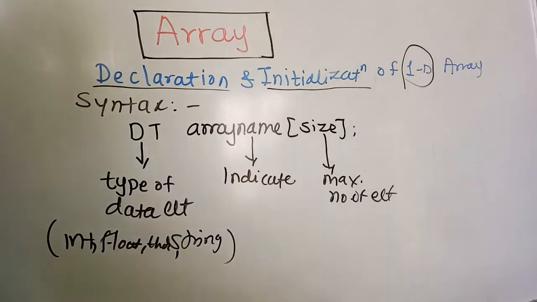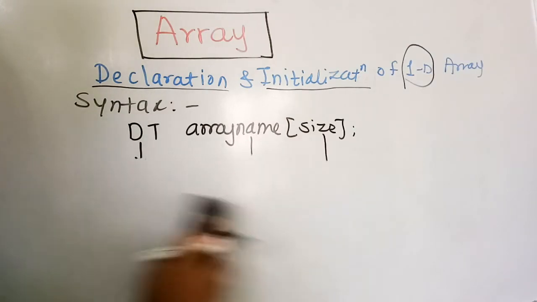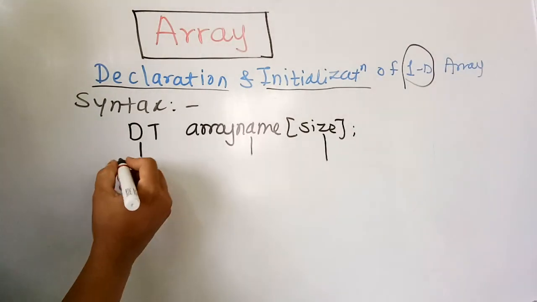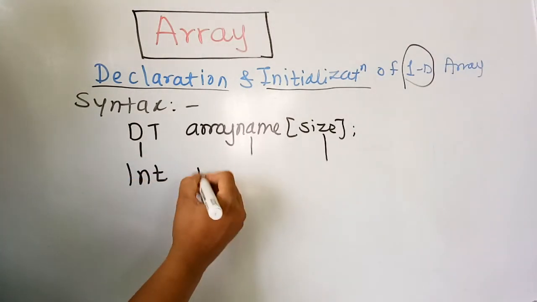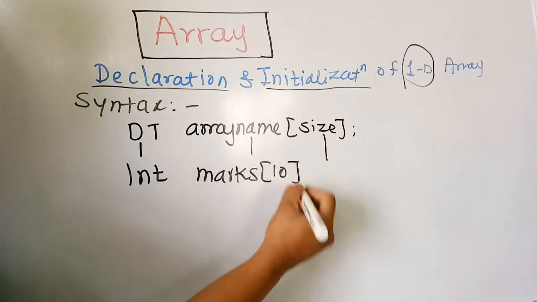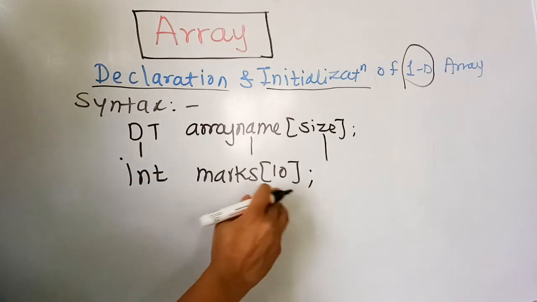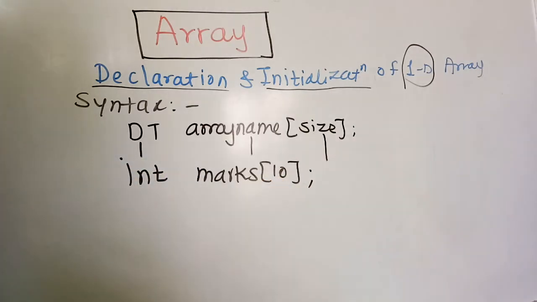For example, I will take one example to demonstrate how to declare an array. I am storing the marks of 10 students, so the marks should be of type integer, but for how many students? 10. Then how will it actually be stored in memory?